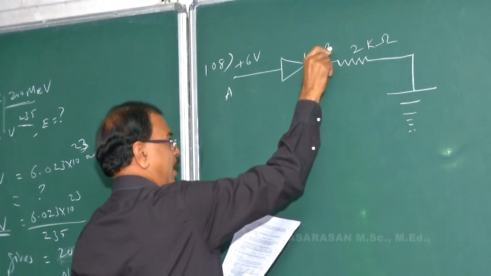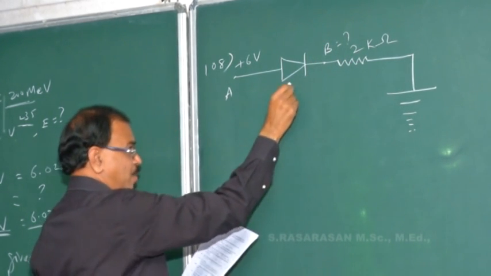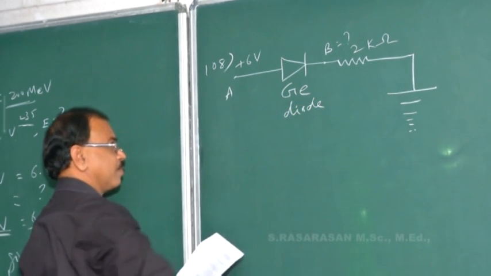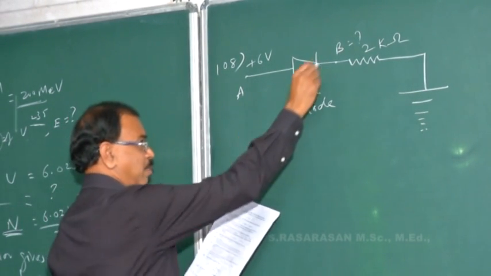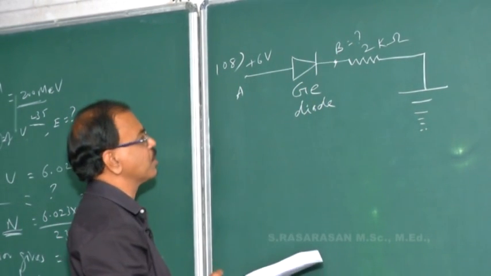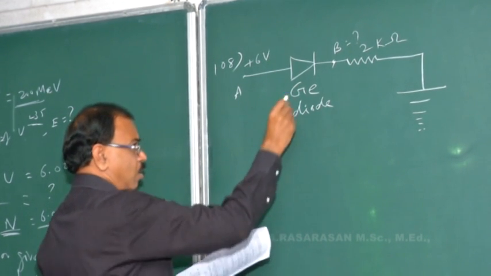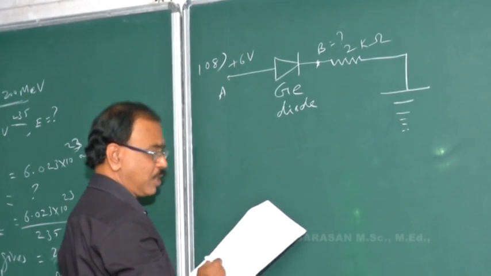Here at this point B, what is the voltage? It's a diode, they have mentioned it is a germanium diode. The problem is about the voltage at B in the figure. Voltage at B, what is the voltage supplied by you? It is positive voltage, 6 volt is given.